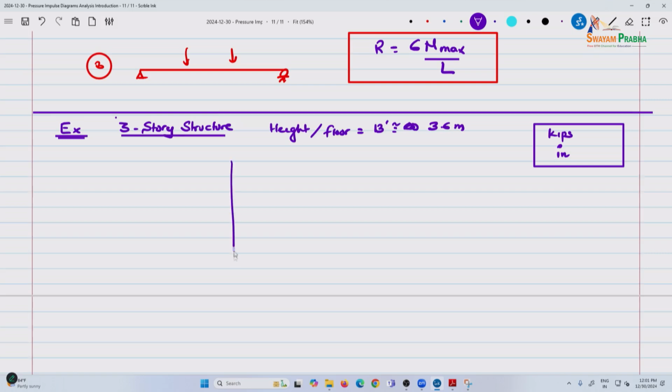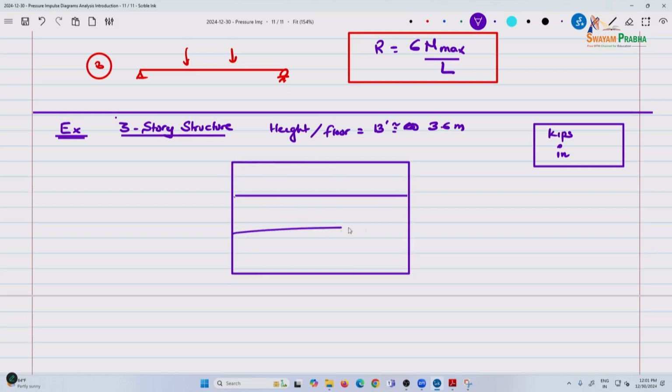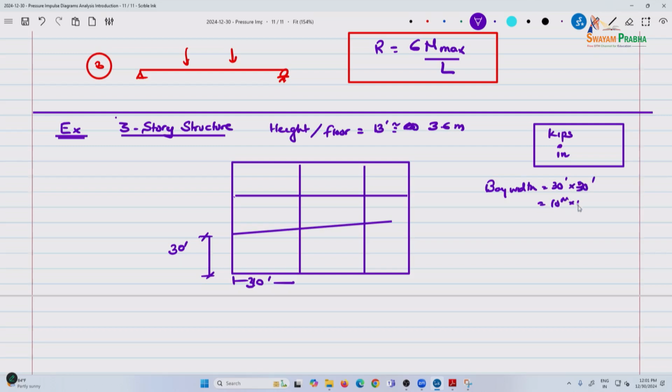It's a 3 bay by 3 bay system. Bay is 30 feet, 10 meters. So bay width is 30 feet by 30 feet. Let's say 10 meters by 10 meters.